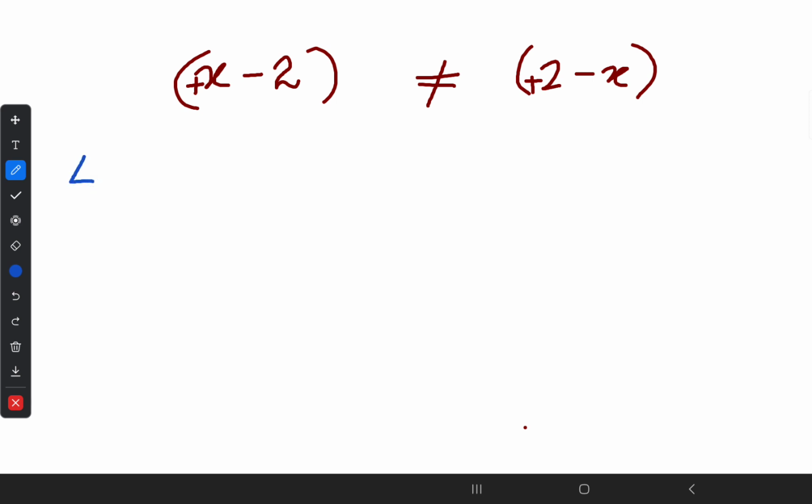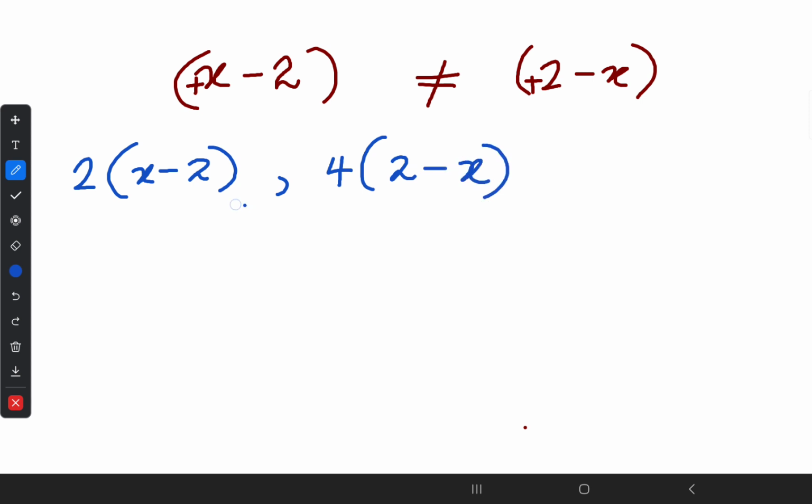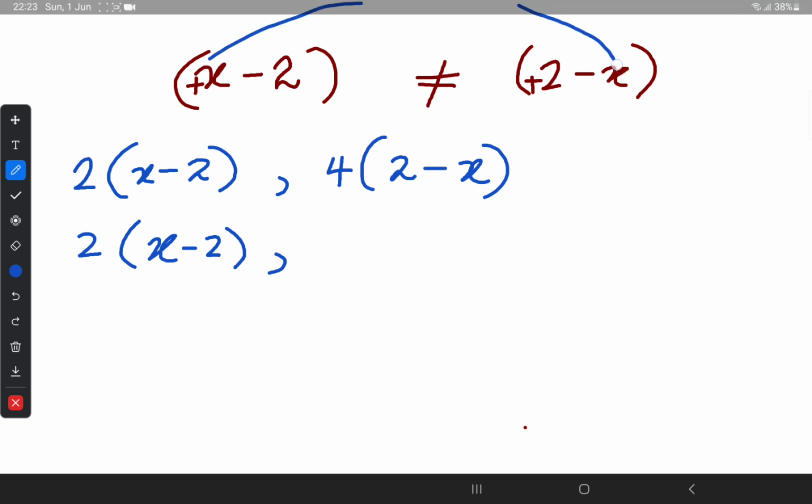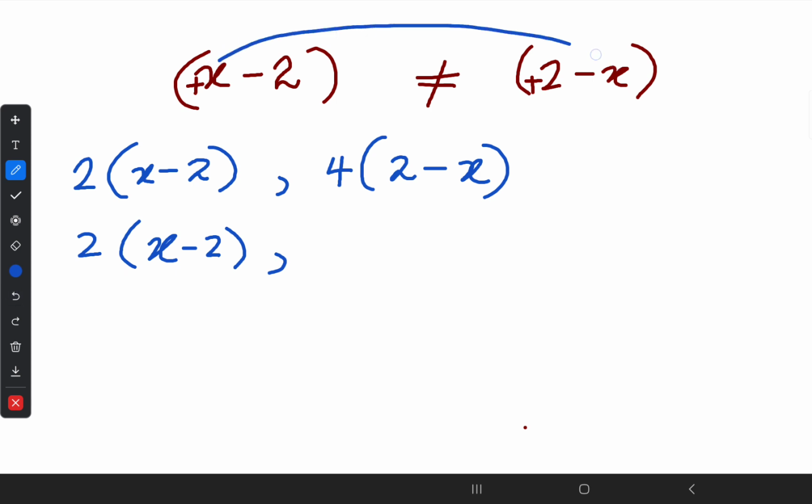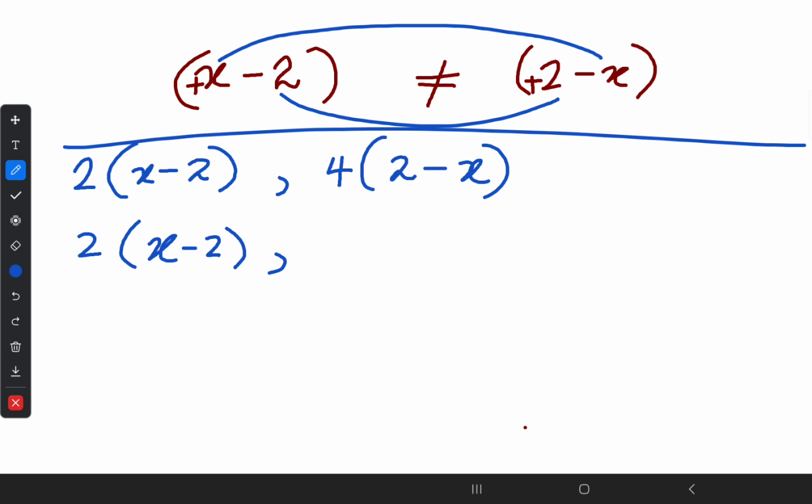Here I am having 2 times x minus 2, and I'm having 4 times 2 minus x. If this is already in the factorized form now, I can write it as 2 times x minus 2. Look at this, only the direction: positive x became negative here, negative 2 became positive 2 here. That is the one and only difference here. So that's how I can write 4.